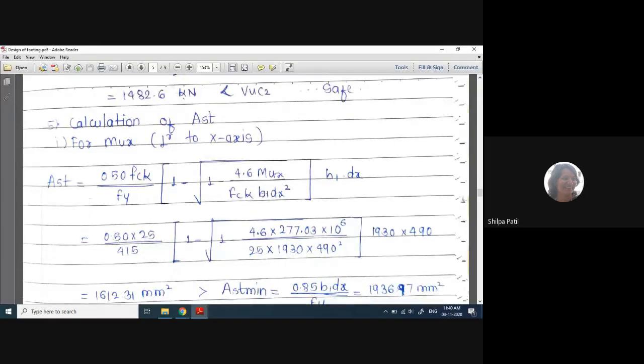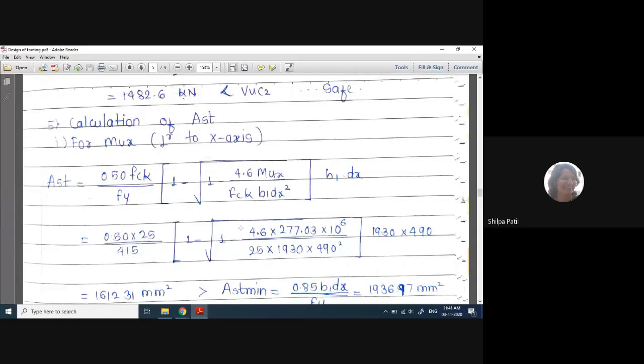B1 is nothing but BF here, and dx. Now, as we are considering the moment about x-axis, we have to consider the depth along x-axis, or the depth to resist this MUX, whatever we have calculated, that is to be used here. So this dx value is considered in the calculation.